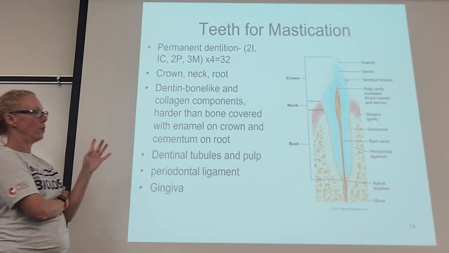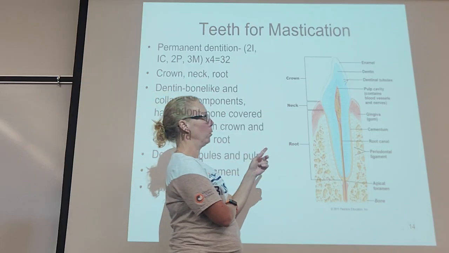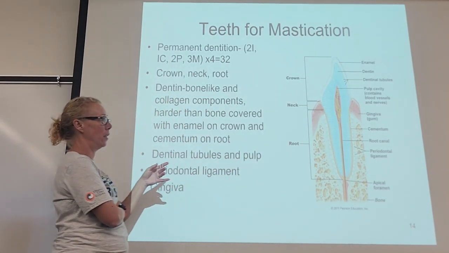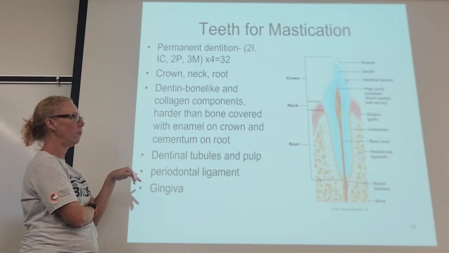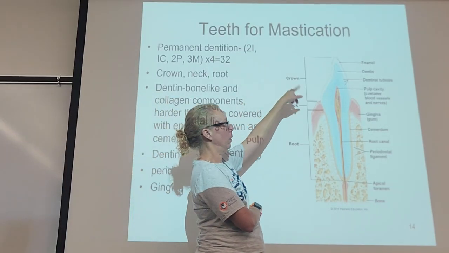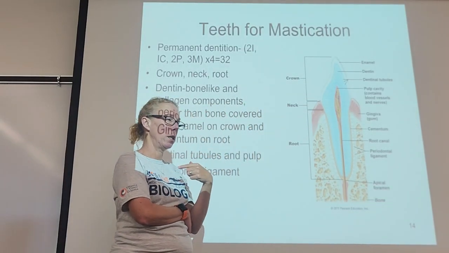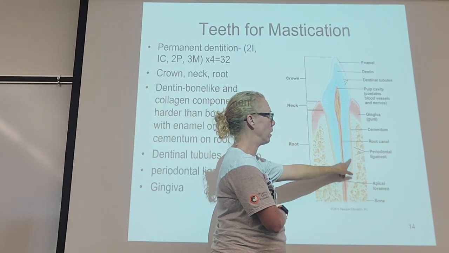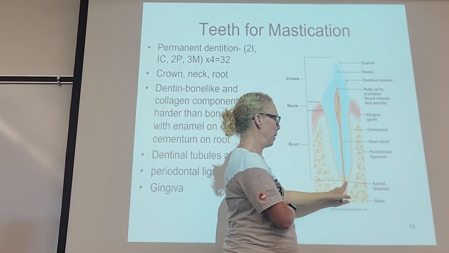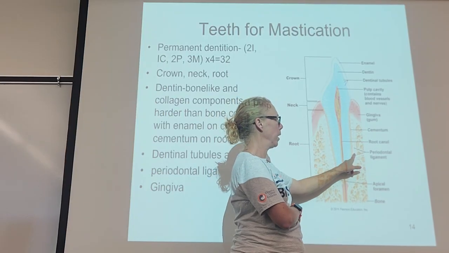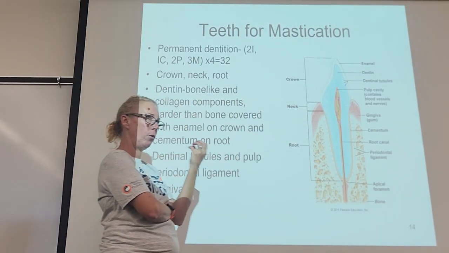So your teeth are made of a bone-like component called dentin, which is actually stronger than bone. And on the crown, it's covered with enamel, which is what makes it white. And then in the root, it's covered with cementum. And then superficial to cementum in the root is the periodontal ligament, and that's what anchors your tooth in the socket.